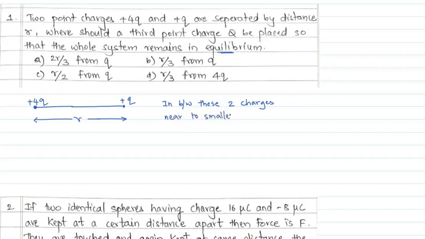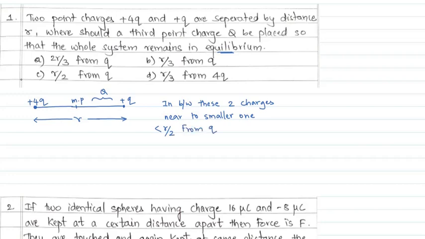So Q should come somewhere in between, you will have plus Q.